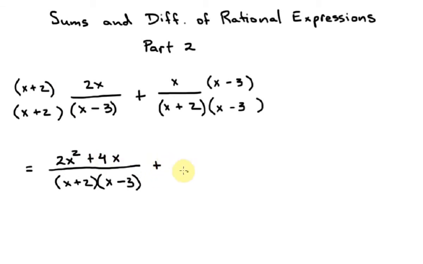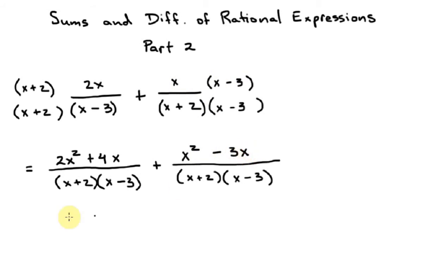Okay, then plus, and then what do we got over here? Well, on the bottom we have x plus 2 and x minus 3, and on the top I'm going to have x squared and x times negative 3, so negative 3x. So I'm ready to combine these terms.